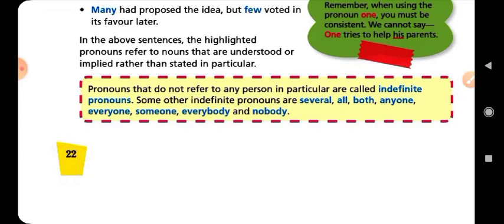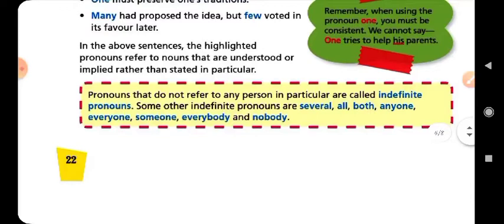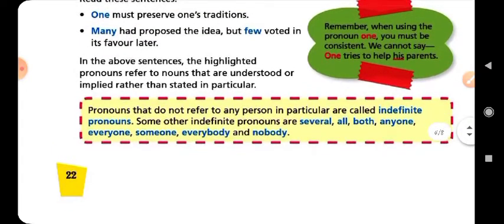Some other indefinite pronouns are several, all, both, anyone, everyone, someone, everybody, and nobody. So these types of words are indefinite pronouns. And remember, when using the pronoun one, you must be consistent. We cannot say one tries to help his parents.